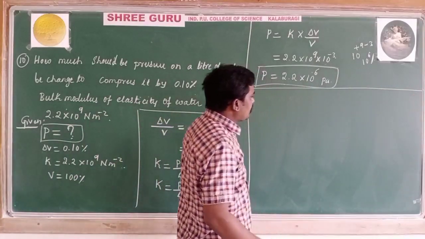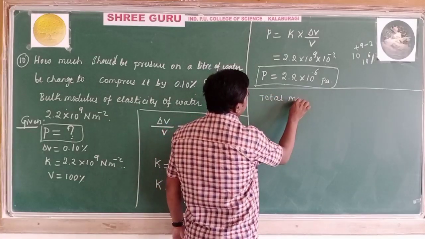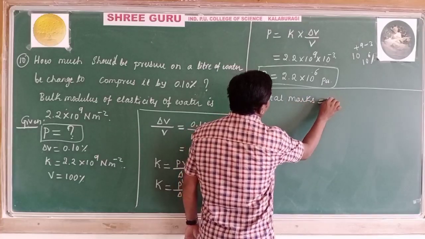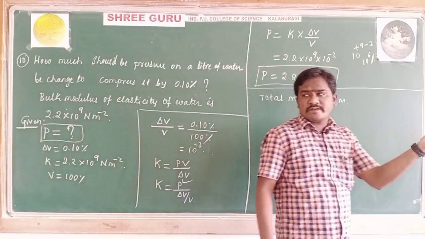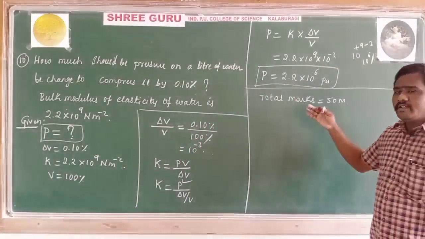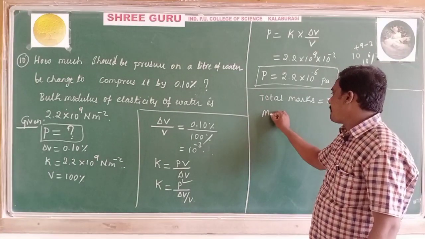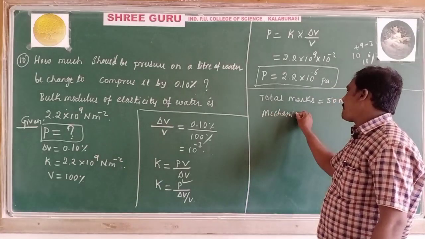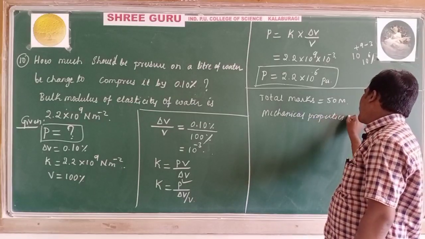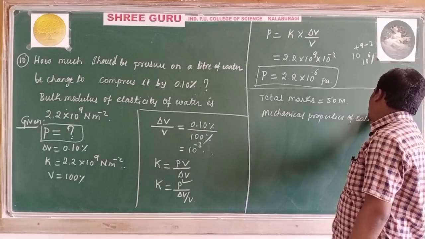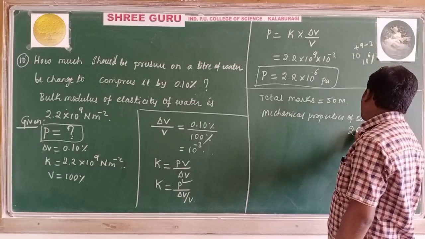Okay, in the upcoming examination, unit test 2, the total is 50 marks. Of these 50 marks, 50% of the syllabus is gravitation and the remaining 50% is mechanical properties of solids. 50% is nothing but 25 marks.